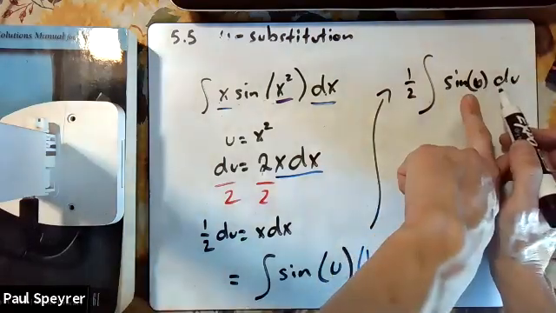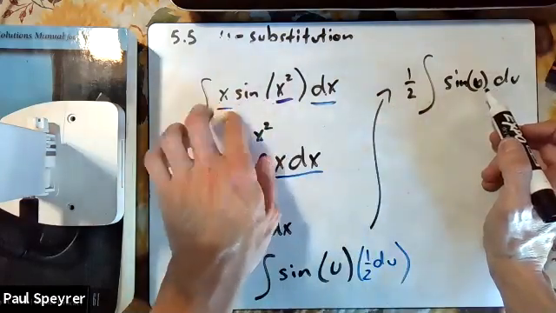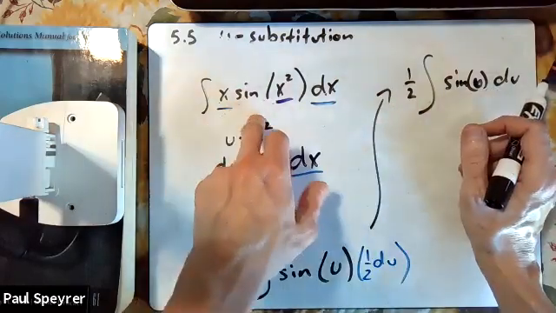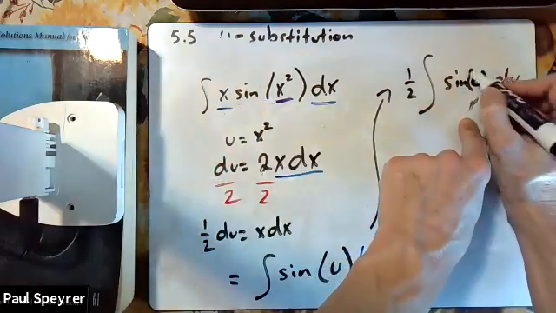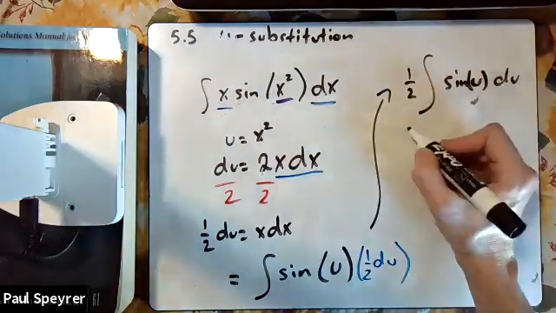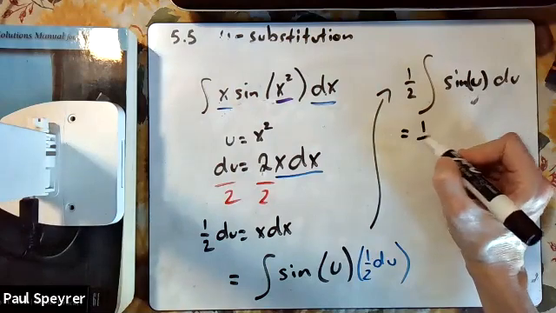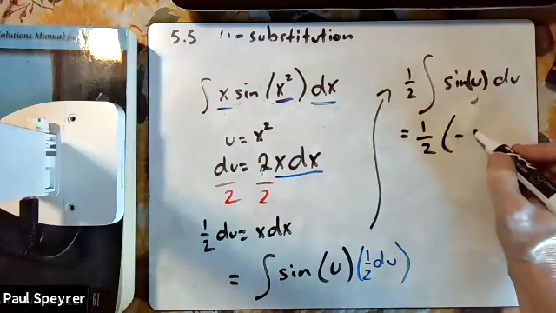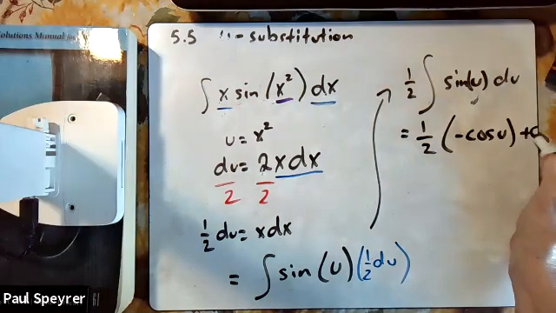Now this is way easier to integrate than this one, right? Because we no longer have two variables or an algebraic variable times a trig variable. It's just plain old antiderivative of a single trig function. So what is the antiderivative of sine of u? Well, it's going to be negative cosine of u and then plus c.